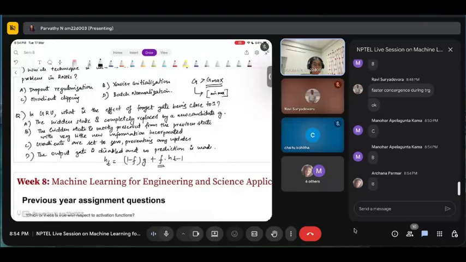Yeah. So when f is close to 1, this term will become very small and it will be mostly the previous state value with very little new information incorporated.